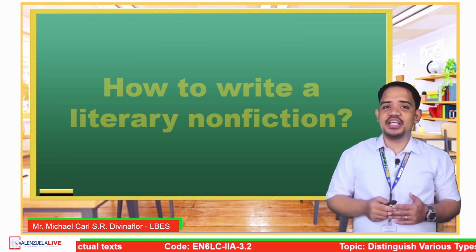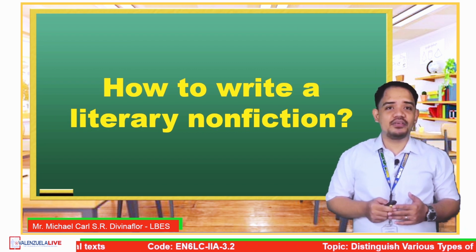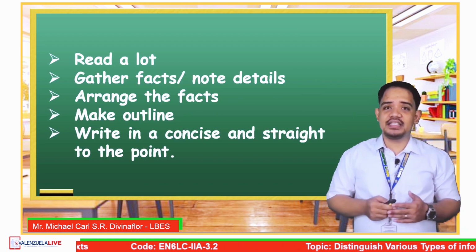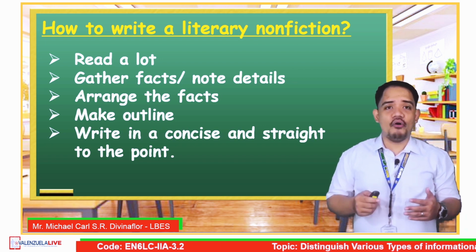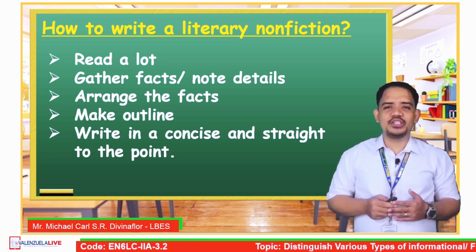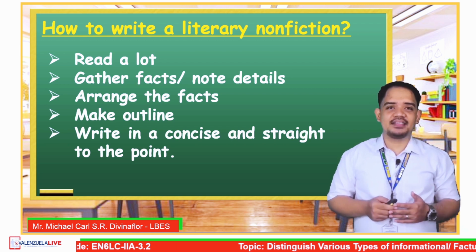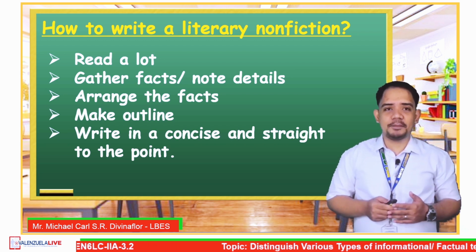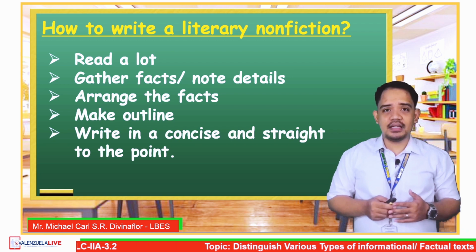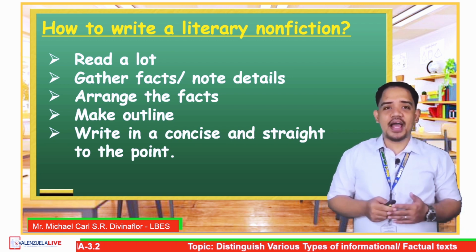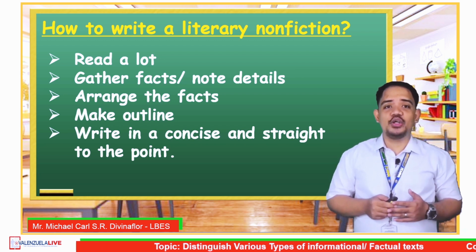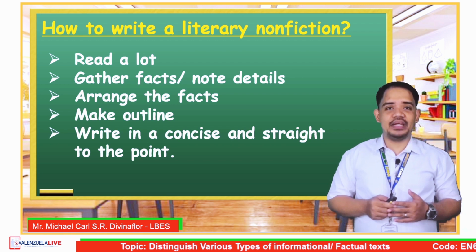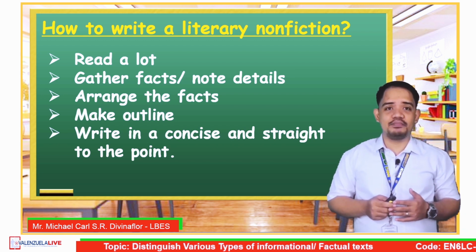As a writer, if you are about to write facts about a topic like a person's life, like that of Jose Rizal, your friend, or about yourself, what you need to do is to gather facts, read a lot about your topic, note important details about it, arrange the facts properly, make use of an outline to plan out your thoughts, and write it in paragraph form as briefly as you can, or write it direct to the point.